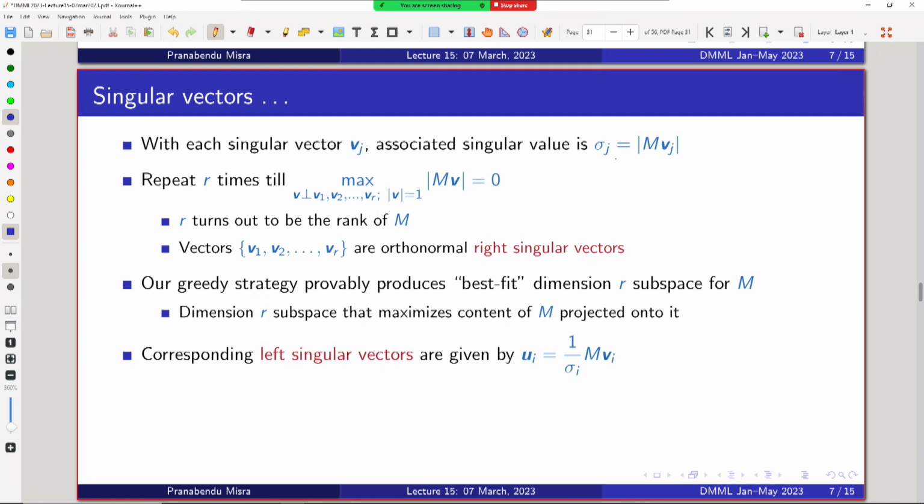You look at only those vectors which are orthogonal to all the previous ones, and among those select the vector which maximizes this. This keeps happening until the rank of the remaining matrix becomes 0, so you have expressed all the vectors in M in terms of these vectors. At that point you stop, and naturally that comes out to be the rank of the original data matrix, and these are your right singular vectors.